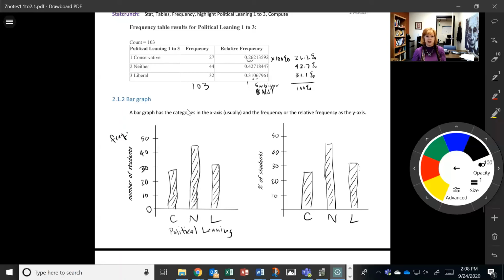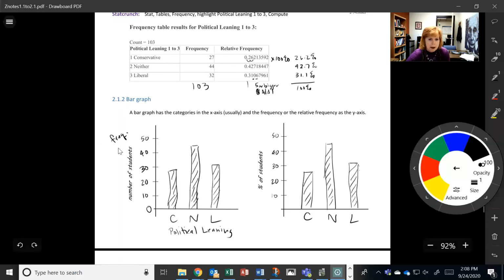Remember, I divided each one of these numbers by 103. So the area of these three bars is going to be proportional to the area of those three bars. And all of those areas are proportional to the distribution of this variable.